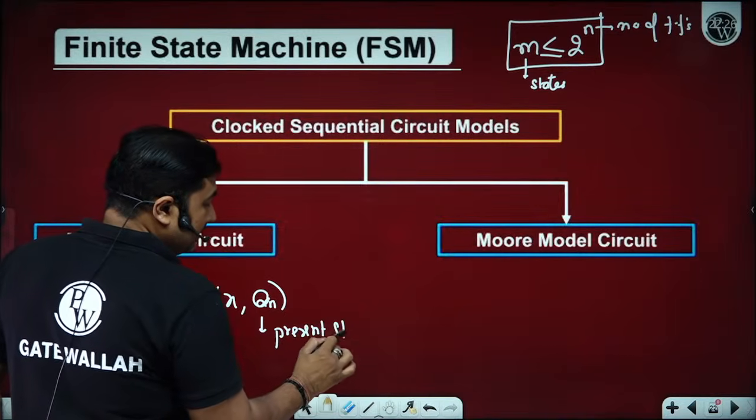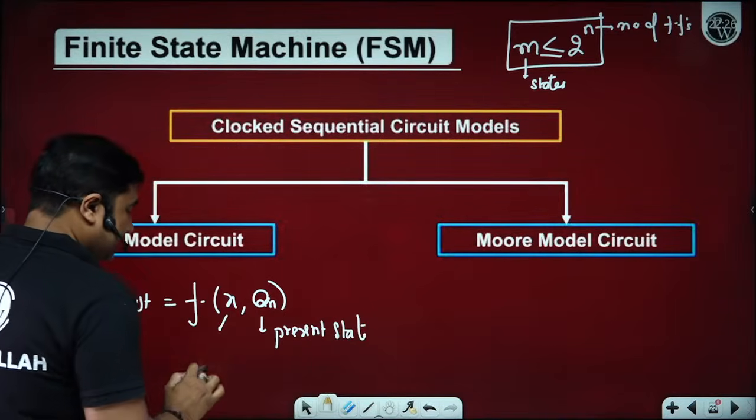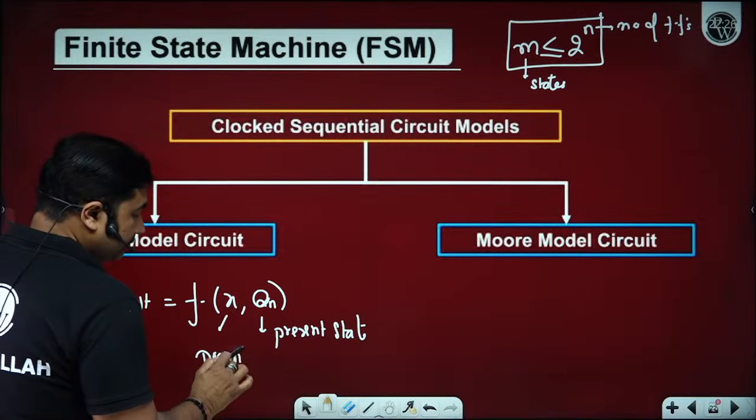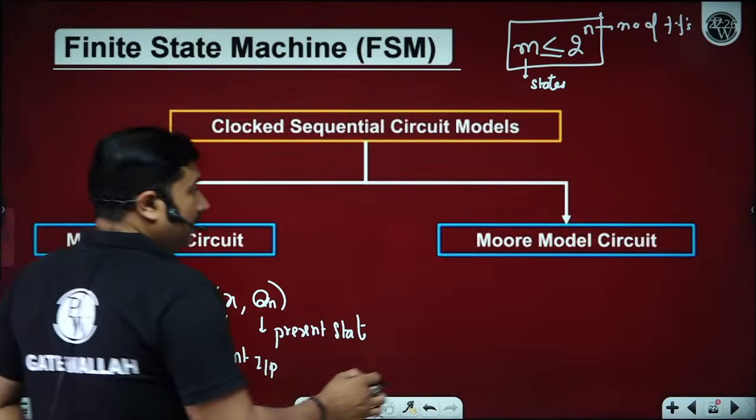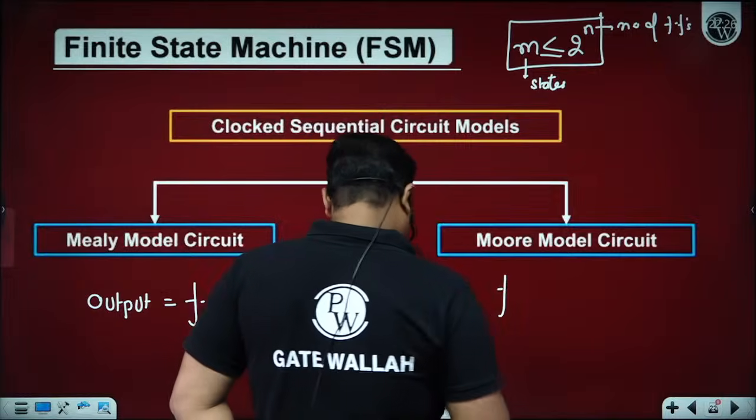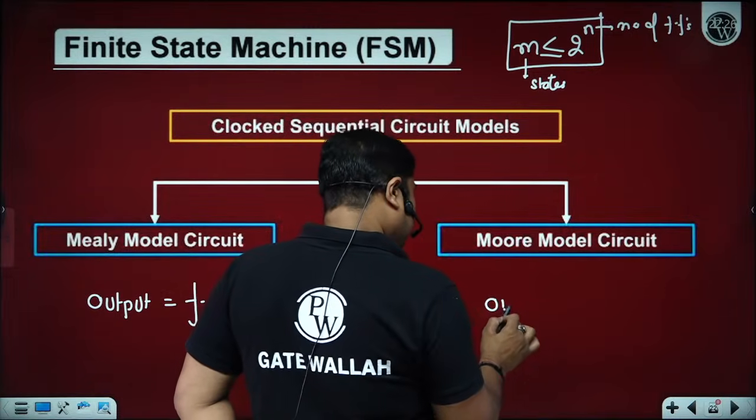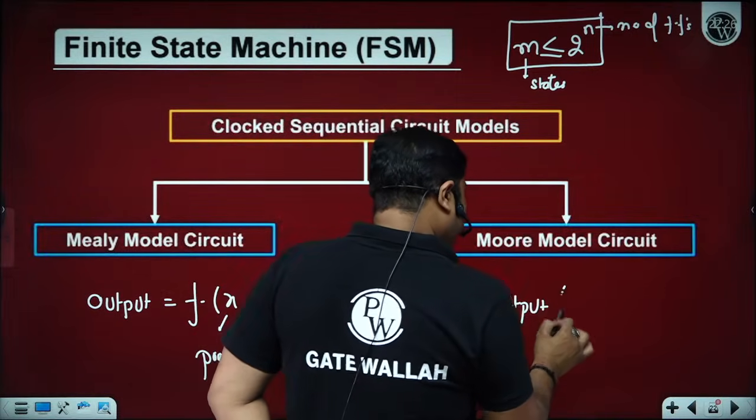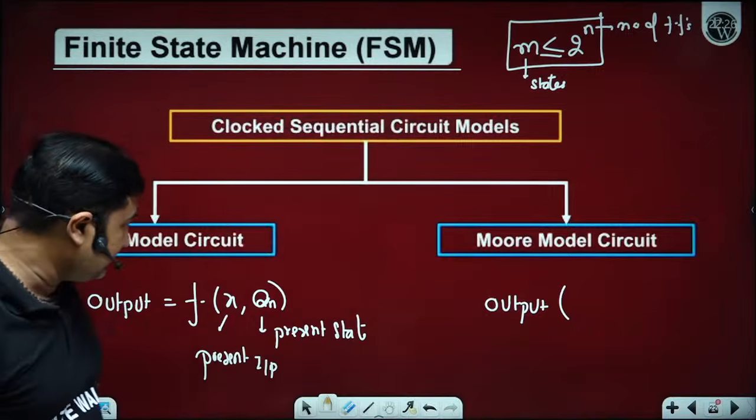Present state and present input. If we talk about the Moore model, the difference between Moore and Mealy is that in the Mealy model, output is the function of present input and present state.